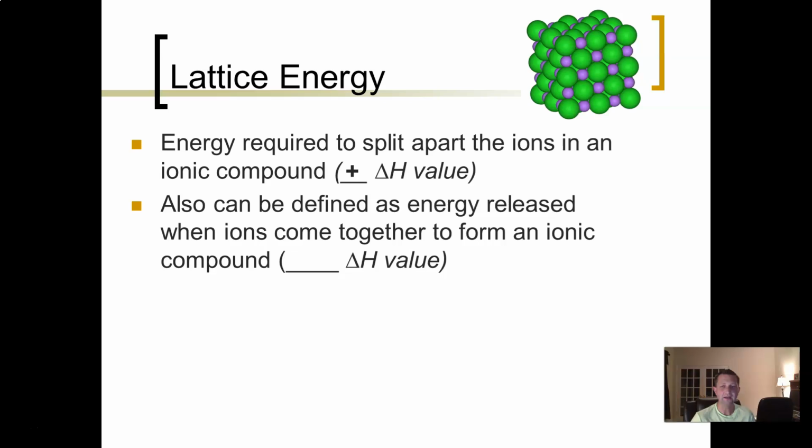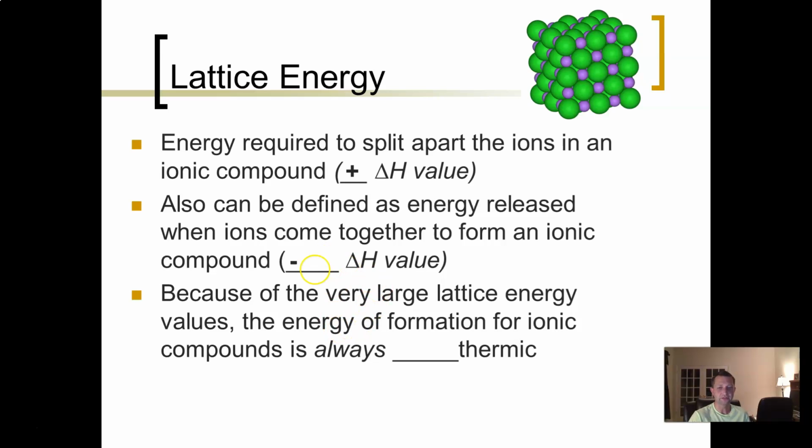It's also defined as the energy released when the ions come together. That's how we use it in the Born-Haber cycle, a negative, exothermic delta H value. The positive delta H value is found on the reactant side, and the negative delta H value is on the product side.